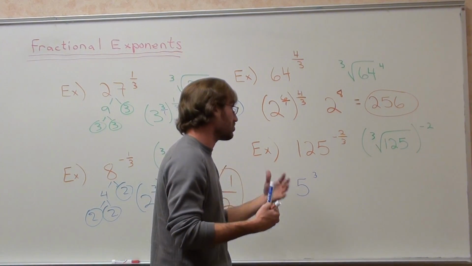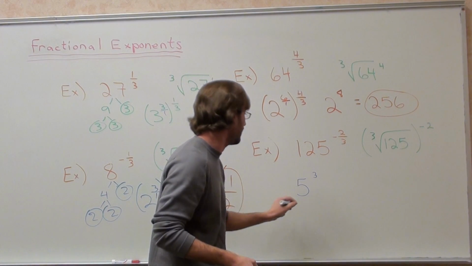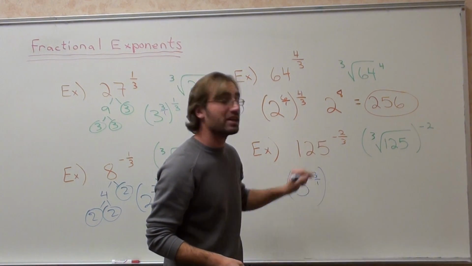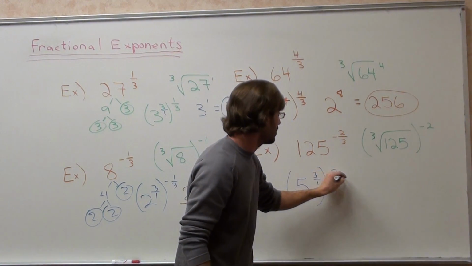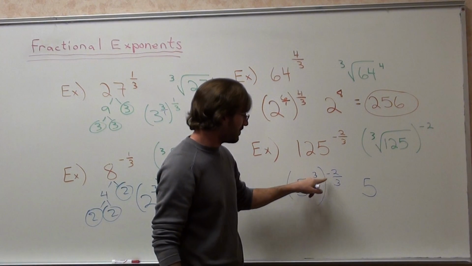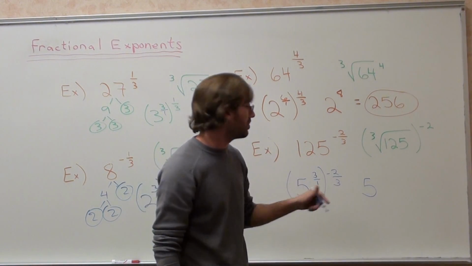I didn't really get super good at this until I started teaching, because I had to know it all the time off the top of my head. So this is 5 to the 3 over 1, and it's taken to the negative 2/3, which is the same thing as 5 to the negative 6 over 3. What's negative 6 divided by 3? It's negative 2.